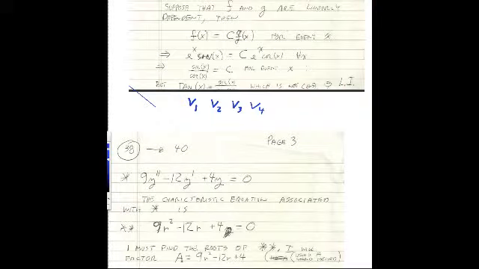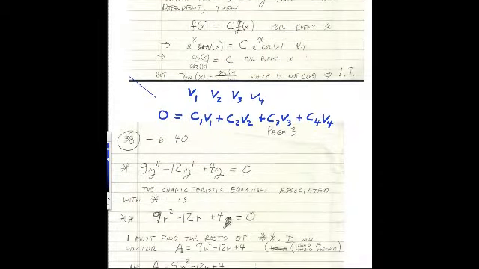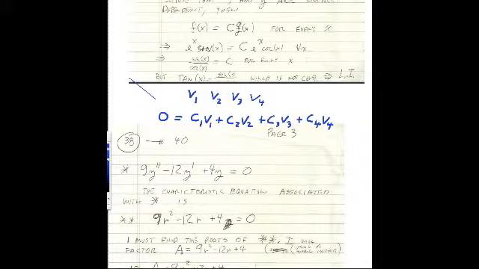So we write down this equation: 0 is equal to C1 V1 plus C2 V2 plus C3 V3 plus C4 V4. And we ask ourselves whether or not there are constants C1, C2, C3, and C4 that are not all 0 that satisfy this equation.